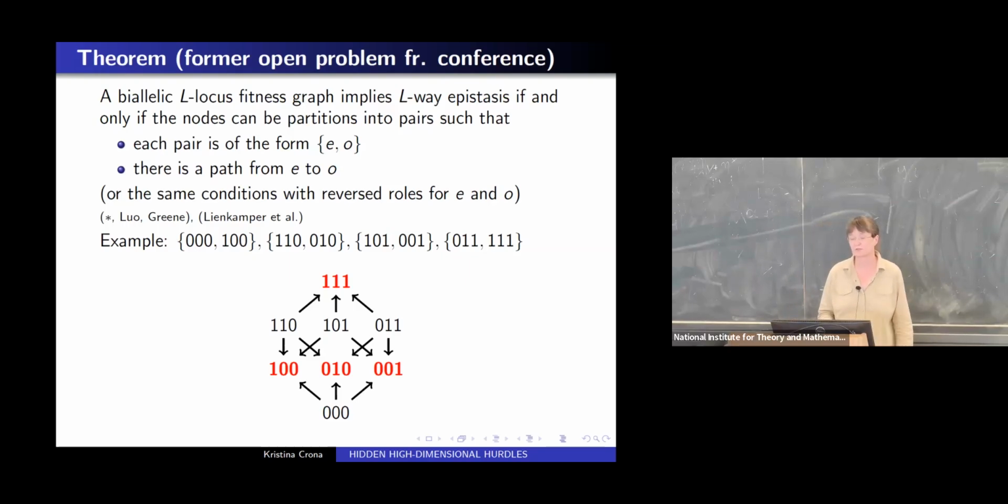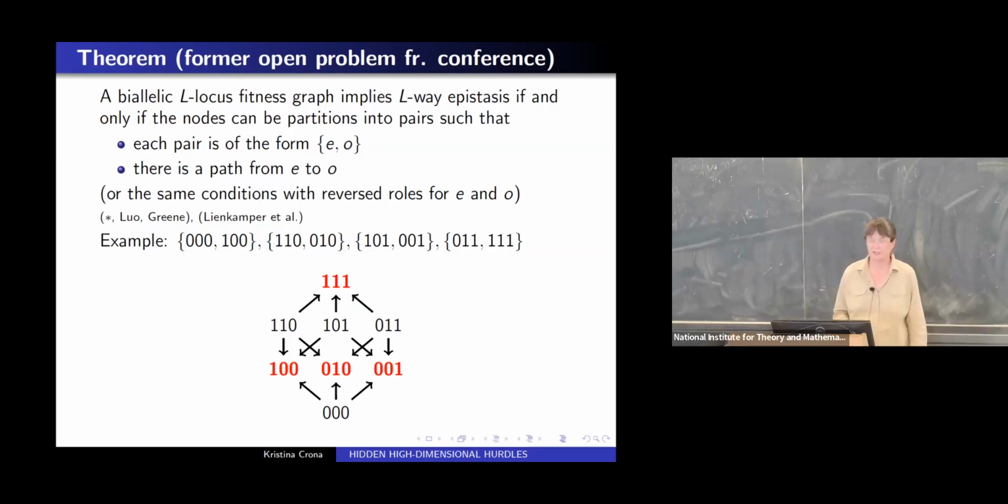It was phrased as an open problem at a conference: to give a characterization of fitness graphs that imply higher-order interaction. And if you think again, with a fitness graph we don't necessarily have a complete rank order, right? The only thing we know is how mutational neighbors compare. So it's not the same problem.